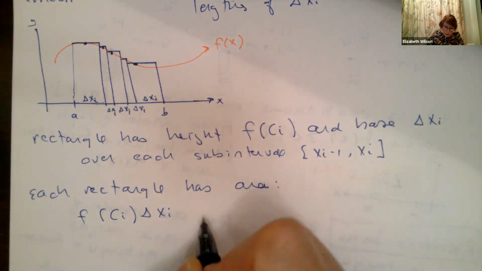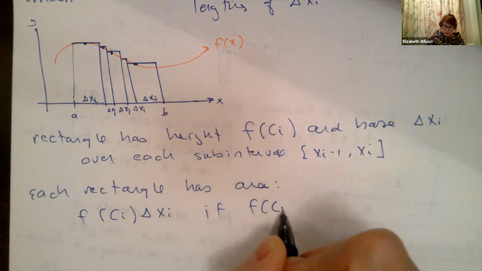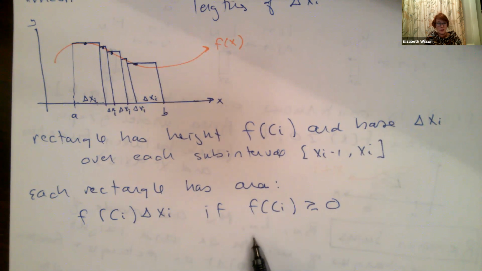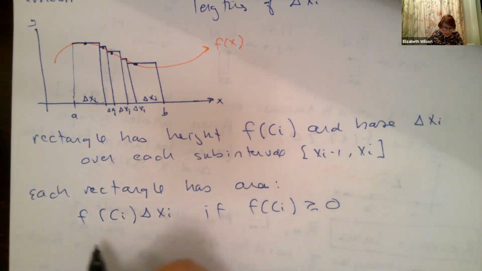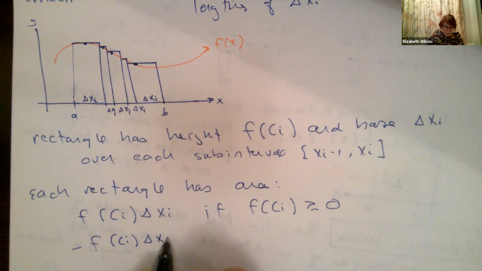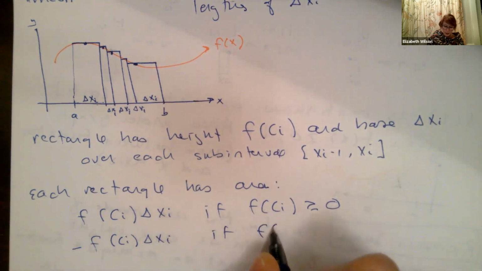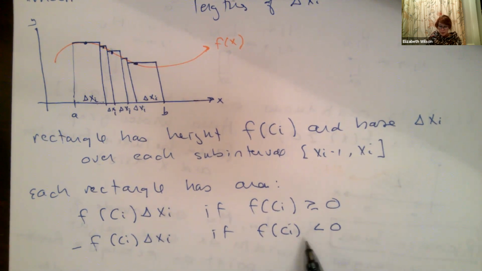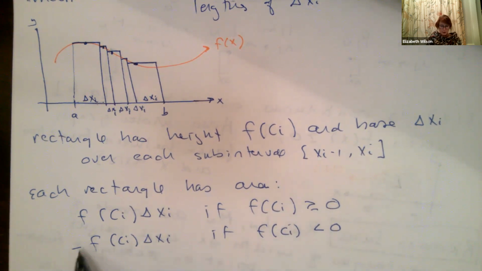That's true if our function is greater than or equal to 0. If the function evaluated at that c sub i is less than 0, it has a negative area. So if my function yields a negative number, I'm going to multiply it by a negative to give me a positive.